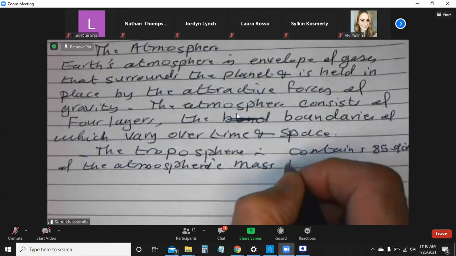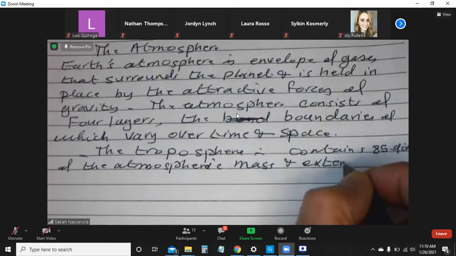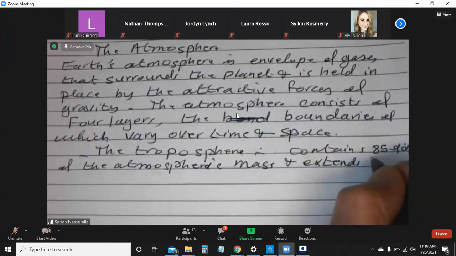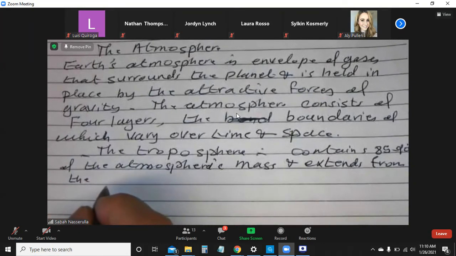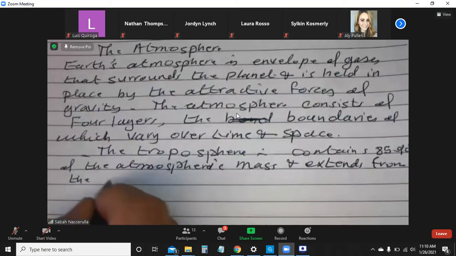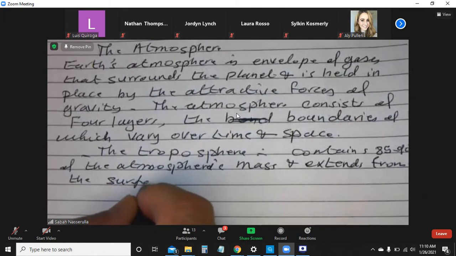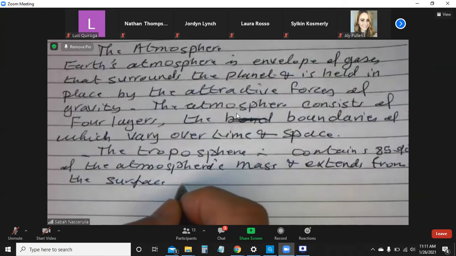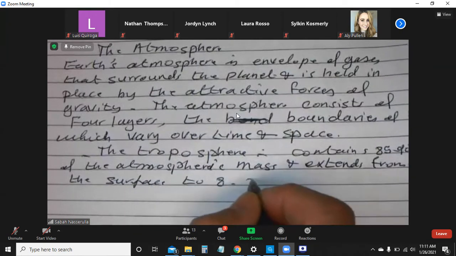And it basically extends from the surface, meaning the surface of the Earth or planet, to about 8 to 20 kilometers.